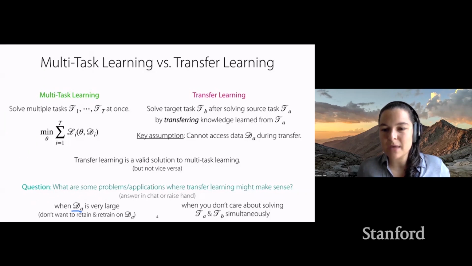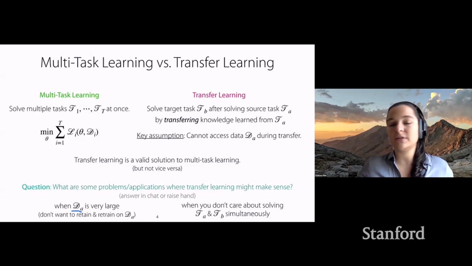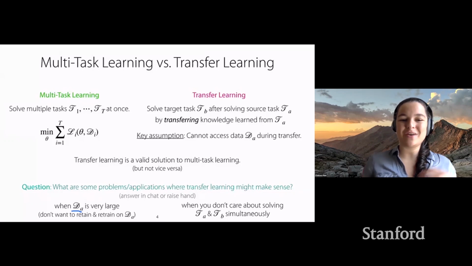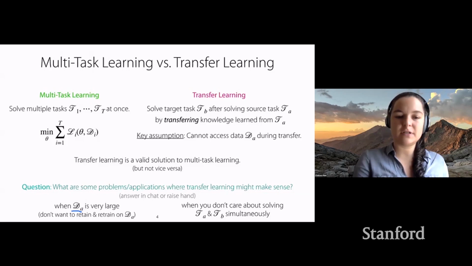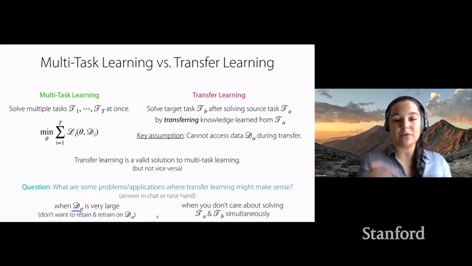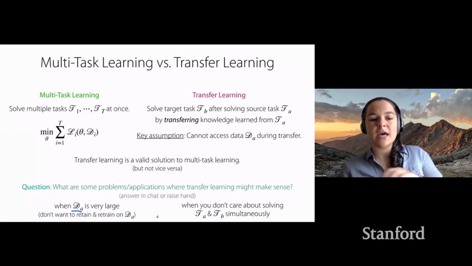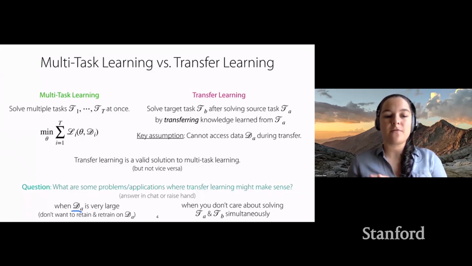There's also a question in the chat about, are there any differential privacy concerns when it comes to transfer learning, or is inferring the data to train the neural network difficult enough to render this irrelevant? This is actually a really good question. If one of the reasons why you're using transfer learning is because you have to throw away your data set DA for privacy reasons or something else, then there are potentially concerns that, while you're throwing away the data set A, you're still retaining the model that was trained on DA, and you may actually be able to reconstruct the data in A and private information in A from that model.